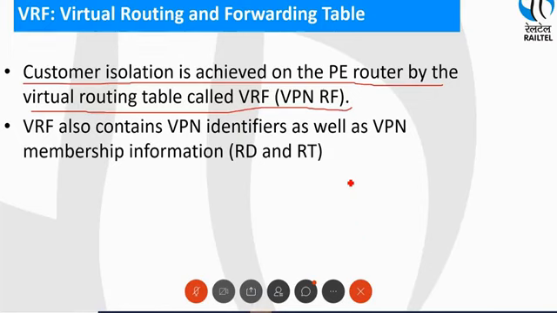So that is done with the help of the VRF. Why do we need to isolate the customers? Because as we have discussed in our example, the Indian Railways and DRDO, it is very likely that they would be using the same IP schema in their internal network, and they have to be isolated so that the packets are not sent to the wrong destination.